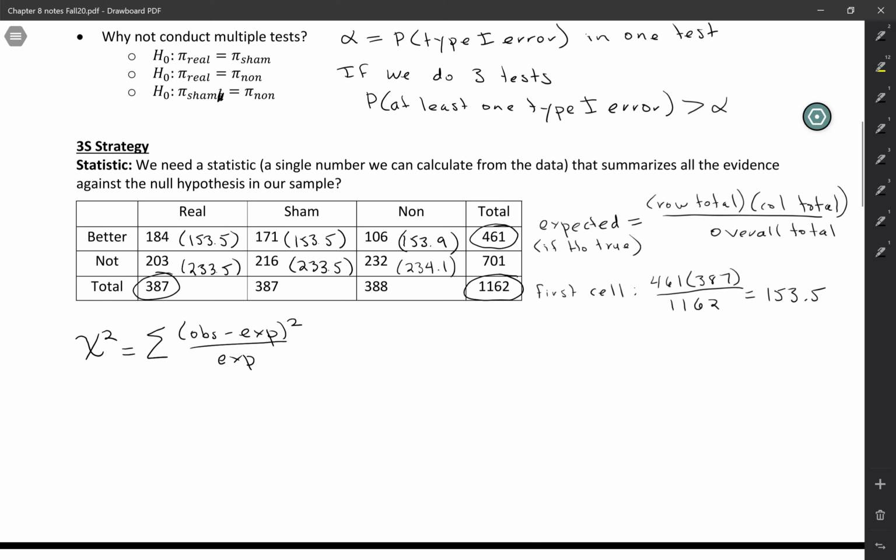So to calculate our Chi-Squared statistic, we're going to do the observed count. That's the real data. For the first cell, that would be 184. That was the count in the real acupuncture group that actually did feel better, minus the expected count, 153.5, squared, over the expected count, 153.5. And that uppercase sigma means that we're going to do this for every cell and add them all up.